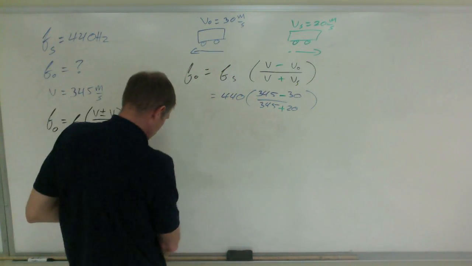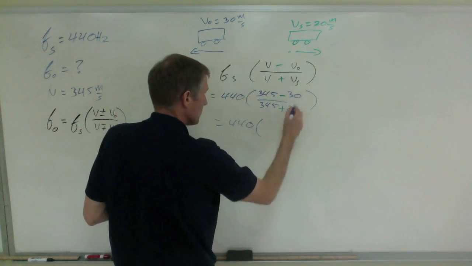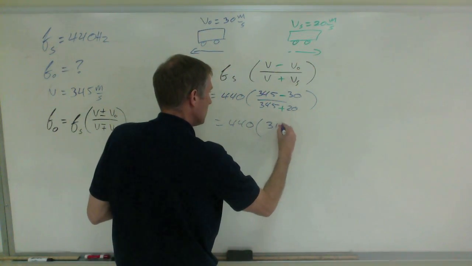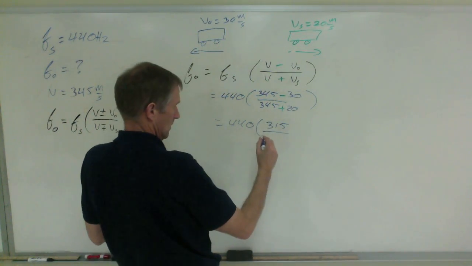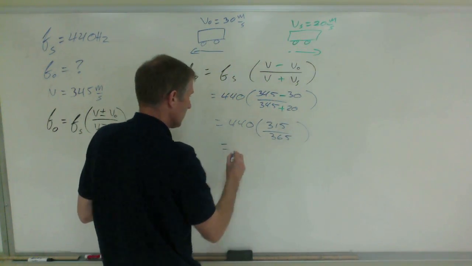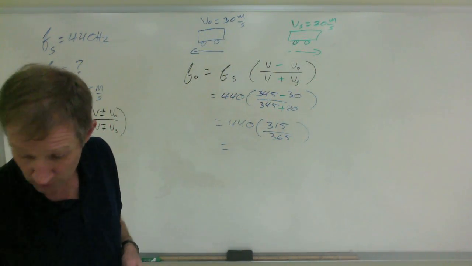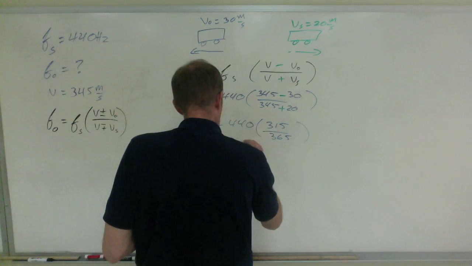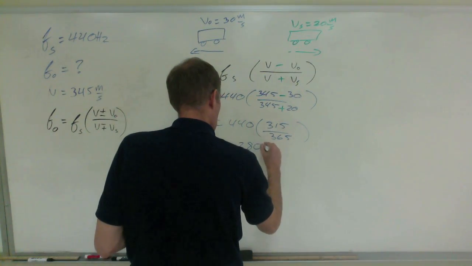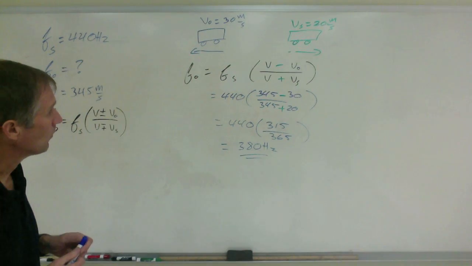So this is 440 times 315 in the numerator, I think, and 365 in the denominator. And the answer is 380 hertz, substantially lower. 380 hertz. And we're done with that one.